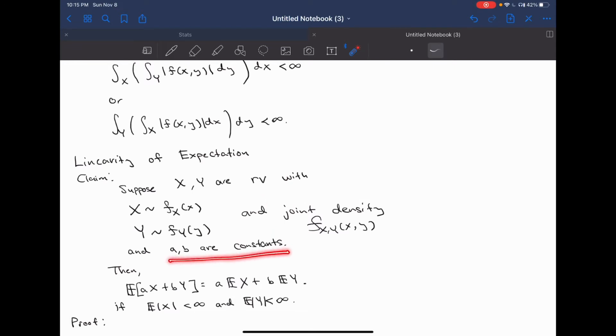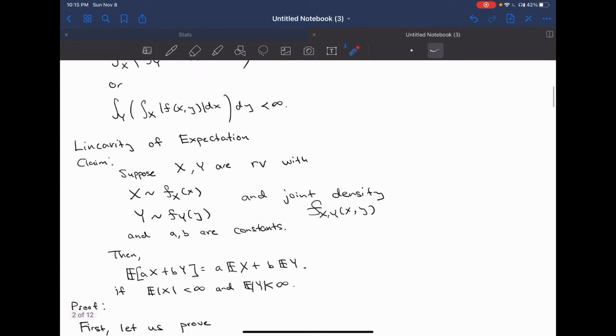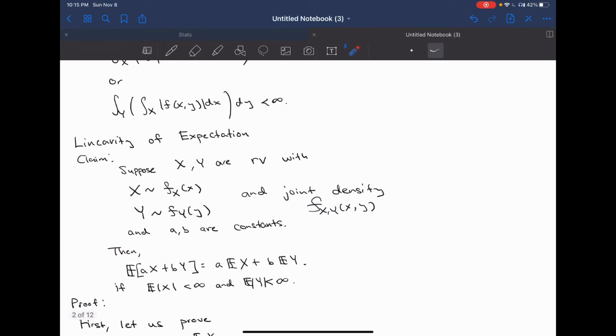And let's suppose that we have some constants a and b in the real line. Then we have the expectation of aX plus bY is equal to a times expectation of X plus b times E of Y, if E of X is less than infinity and E of Y is less than infinity in absolute value, right?